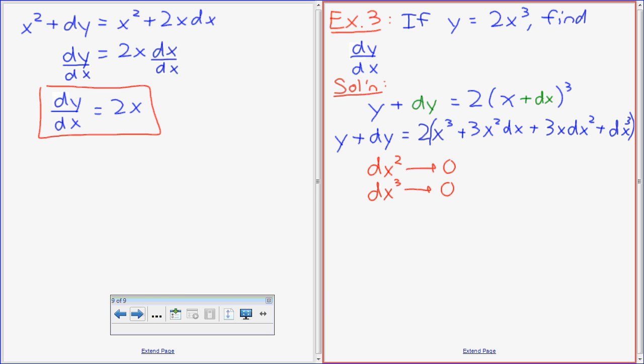Just like I said before, if dx is a very, very, very small number, like 0.00001, dx squared is going to be even smaller, so it goes to 0. Dx cubed is going to be even smaller, so it goes to 0. All right, what am I left with then if I cross those out?